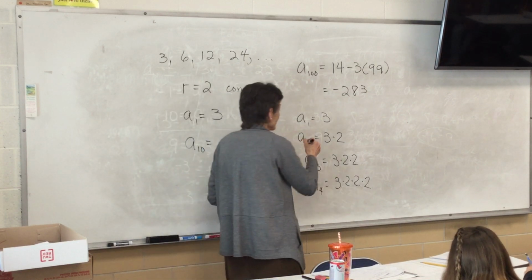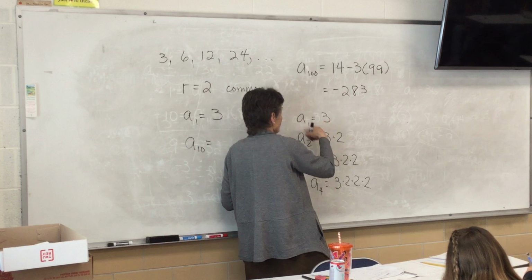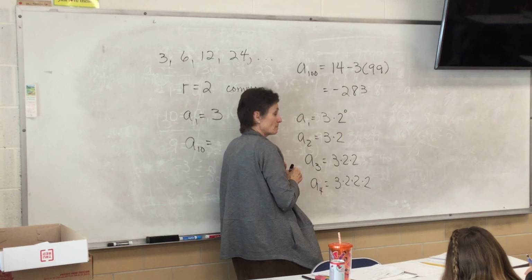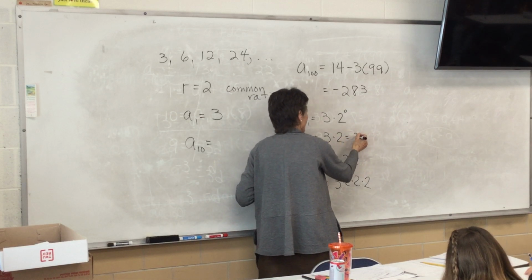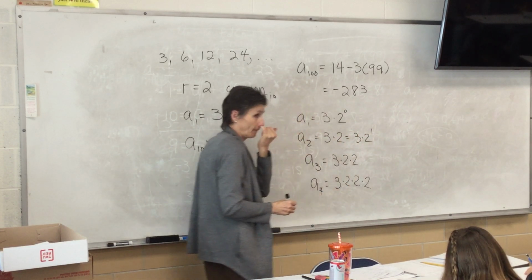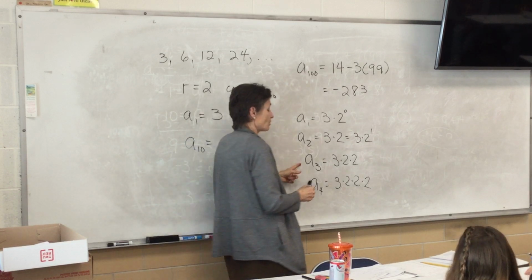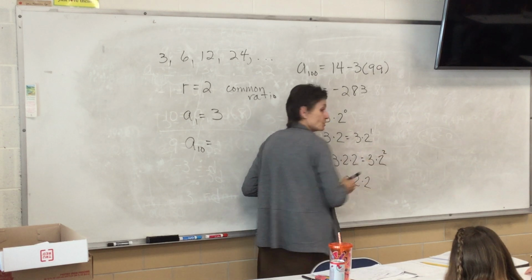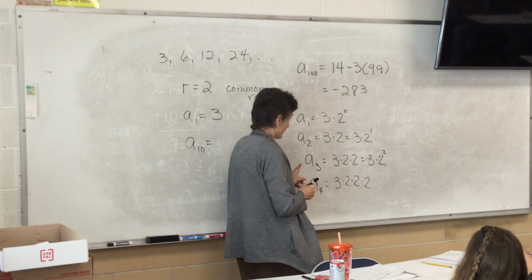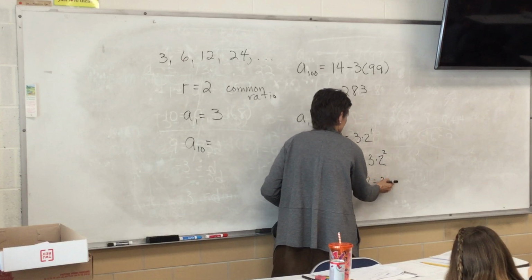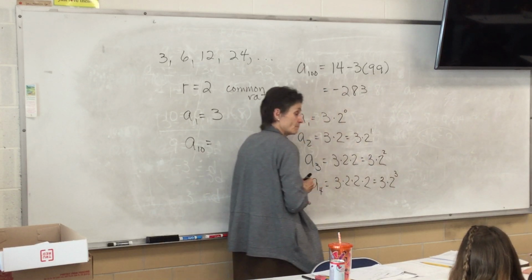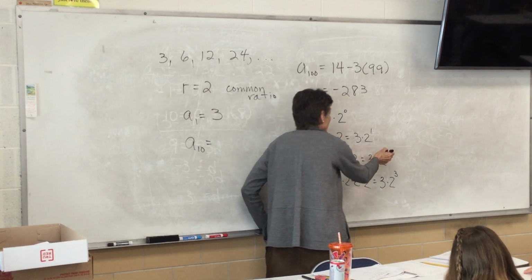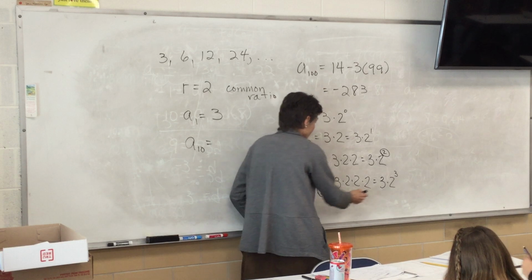Well, do you see a pattern here? The first term was 3 and no 2's. But the second term was 3 times one 2. What was the third term? 3 times two 2's. And the fourth term was 3 times three 2's. Do you see a relationship between the term number and the number of 2's we have?